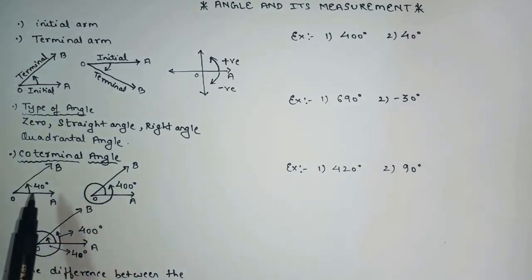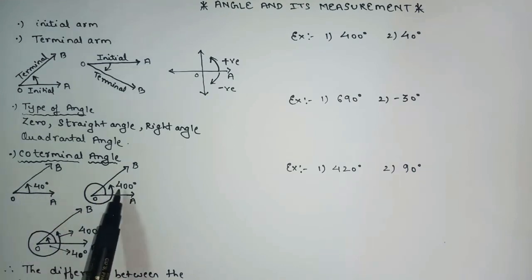Here suppose we have two different angles, one is 40 and one is 400.